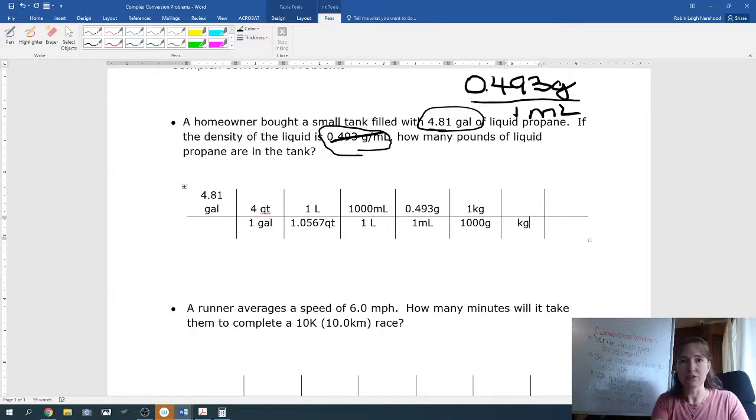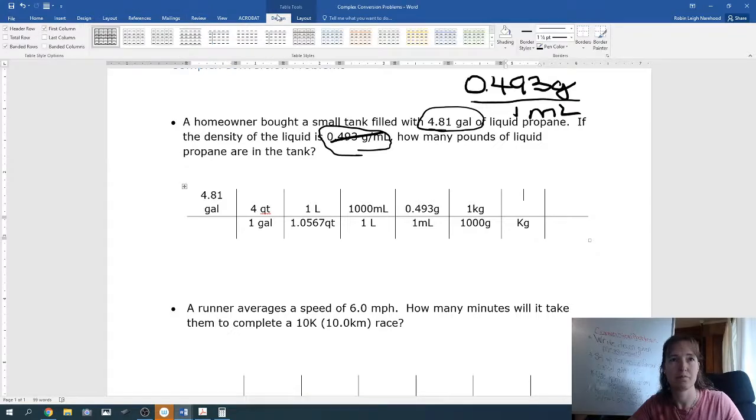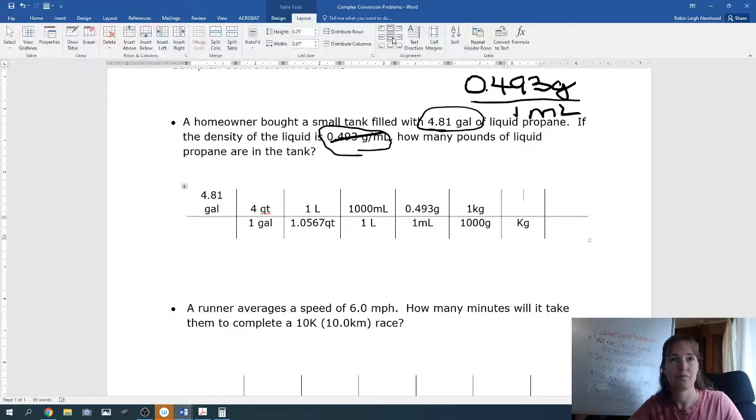Now I need to get rid of kilograms because it needs to be on the bottom, and we would put pounds on the top. And so there's 2.205 pounds in 1 kilogram.